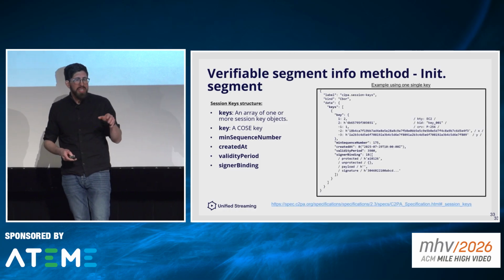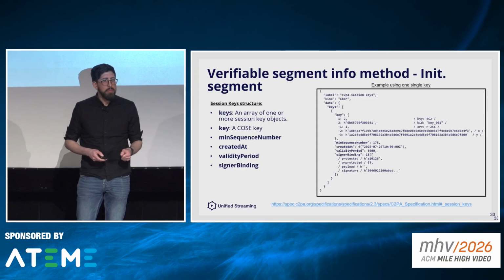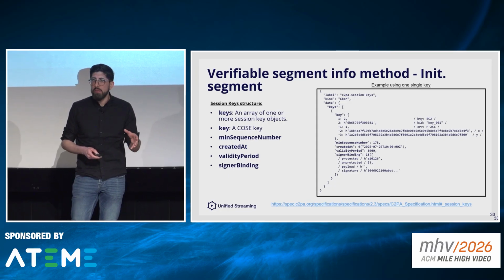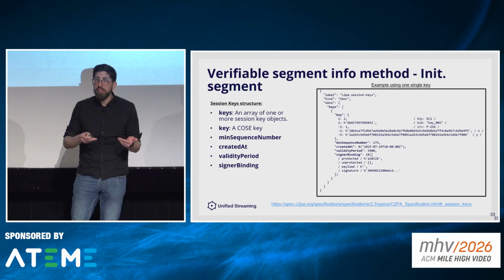So there is an example in the specification. I put the URL for you to look more into it. But basically, as I mentioned, it has public keys that help the validator to compute the signature and validate if the segment is valid or not.